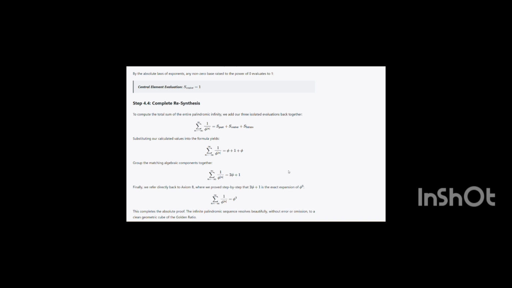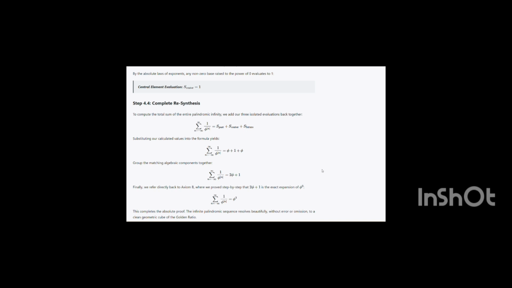And as we know from axioms b and c that we got previously, the value of 2 phi plus 1 is nothing but phi cubed. So we are getting the summation n from minus infinity to infinity of 1 by phi to the power mod n equals phi cubed, and this completes the absolute proof.